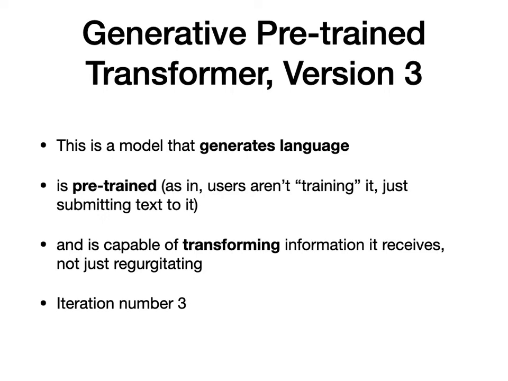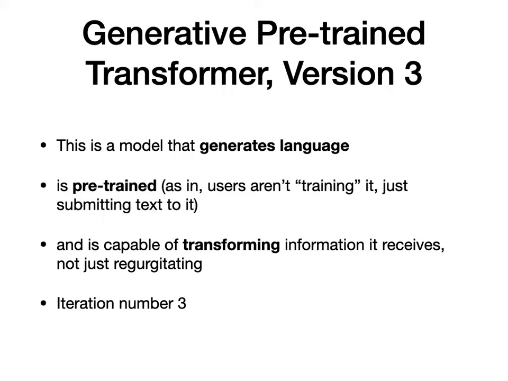GPT-3 is Generative Pre-trained Transformer, version number 3. So it's a model that generates language. It's pre-trained, as in anyone who's using it and providing it information are not actually training it. It's not going through any neural network training type things.